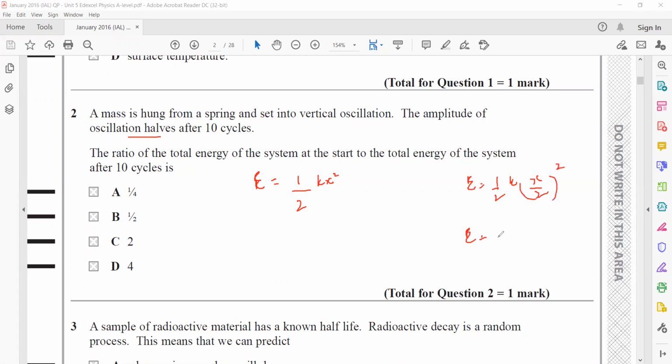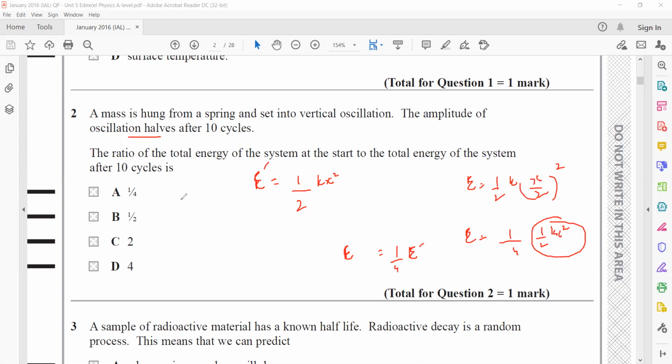When we solve, it will be 1 by 4, because 2 squared is 4, of half kx squared. So this is the energy at the beginning. So we can say E is equal to 1 by 4 of E dash, where half kx squared is E dash, the original energy.